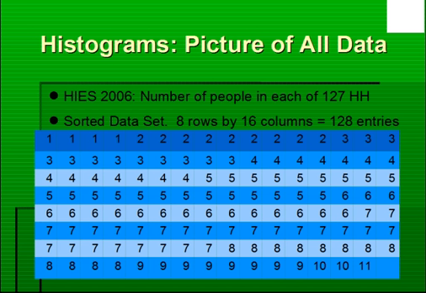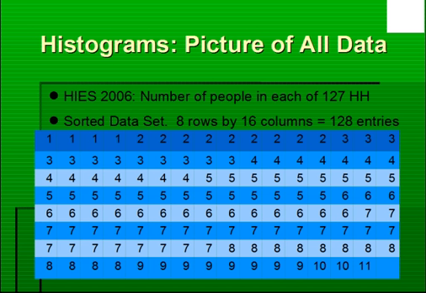The simplest case of a histogram is one that we have already seen before. This is the data set for household size. There were 127 households in the sample for a particular city.